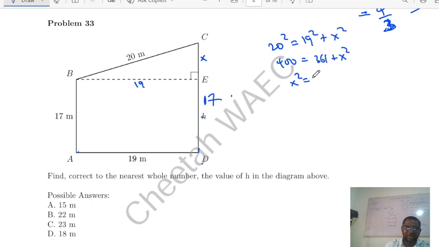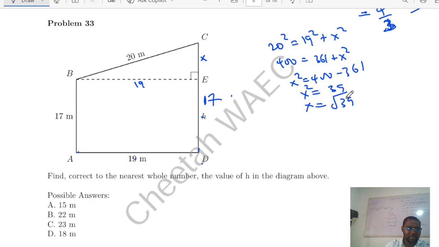So x squared will be 400 minus 361, and 400 minus 361 is 39. So that means x will be square root of 39.